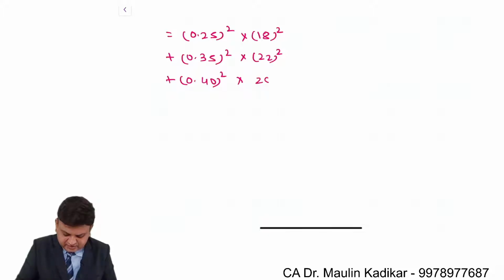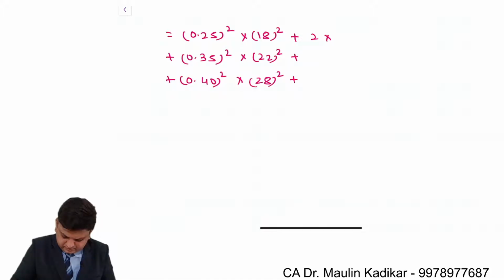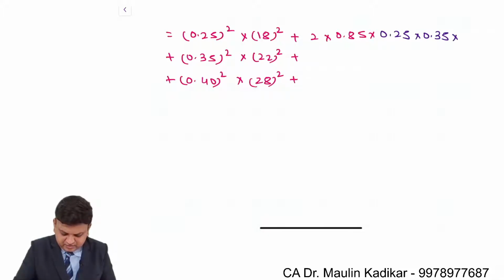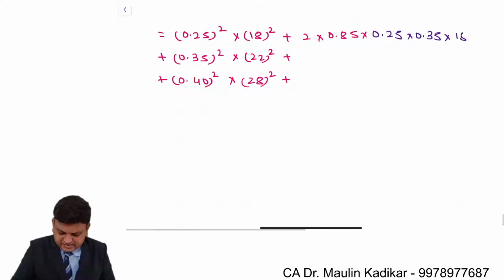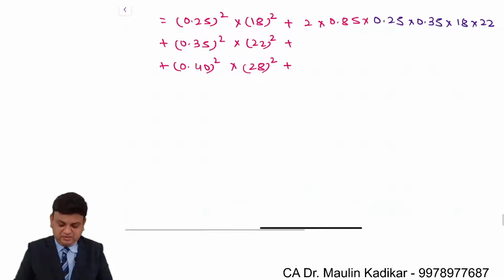And for Z it is 28. Two into R, that is correlation coefficient between X and Y, is provided as 0.85, into weight of X is 0.25, weight of Y is 0.35, into standard deviation of X is 18 and standard deviation Y is 22.